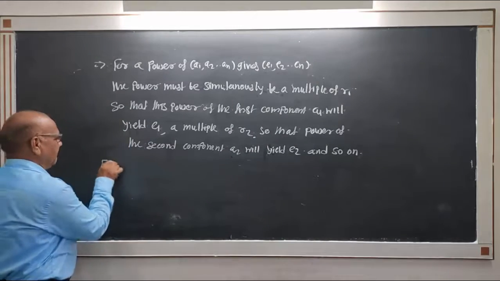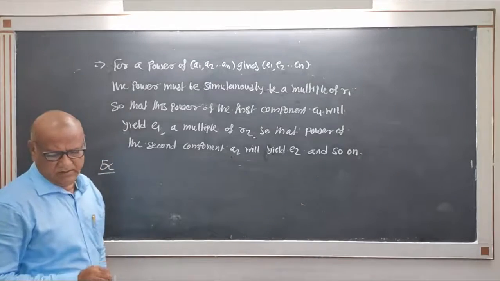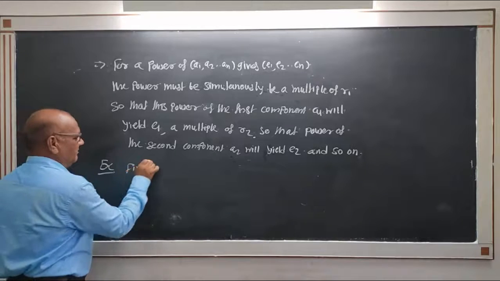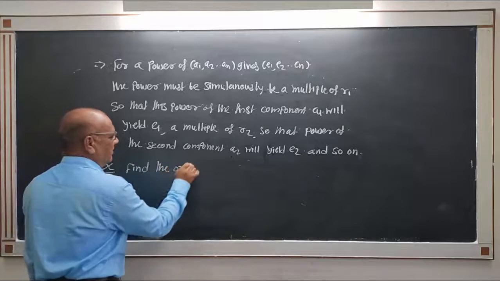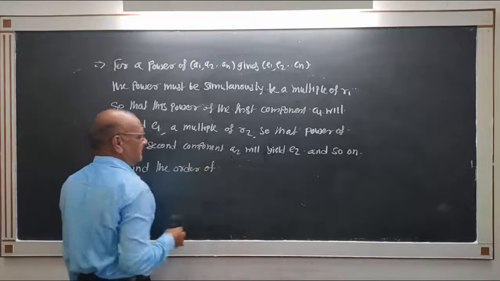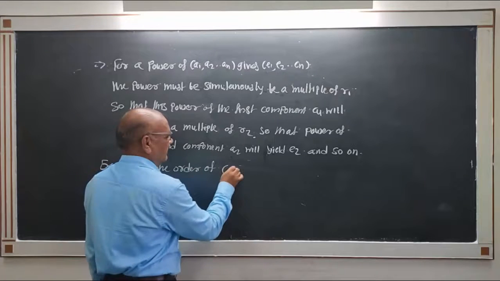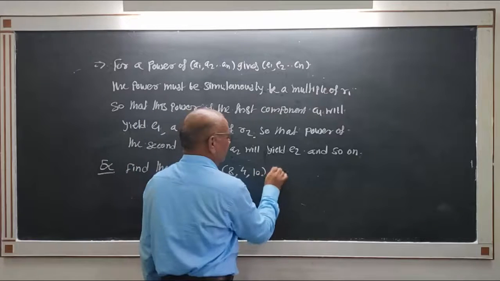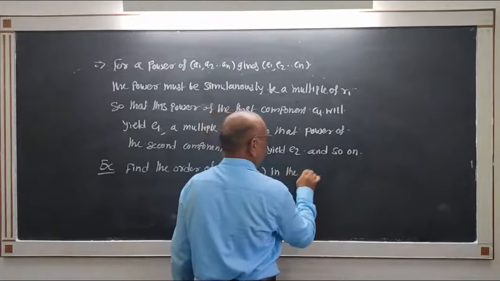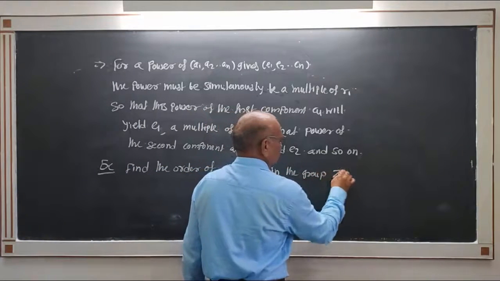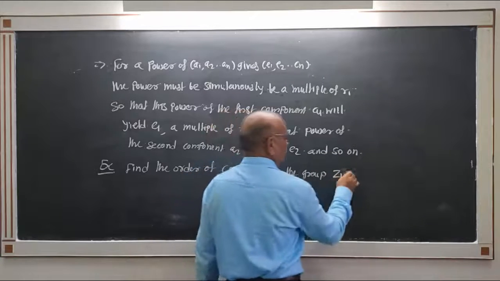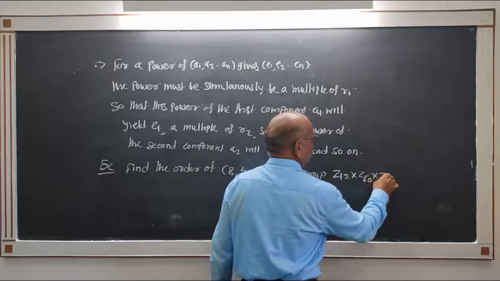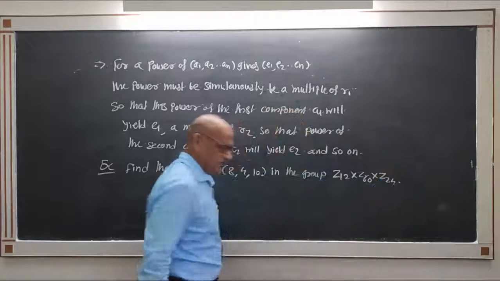Now, example here. Find the order of (8, 4, 10) in Z12 cross Z16 cross Z24, like this.